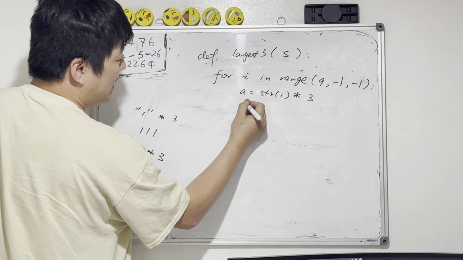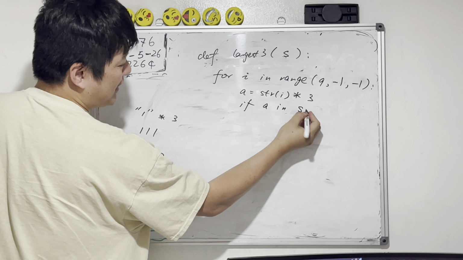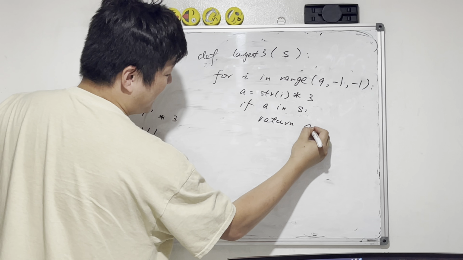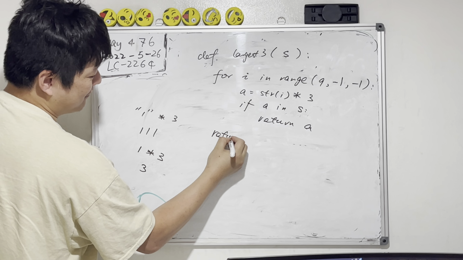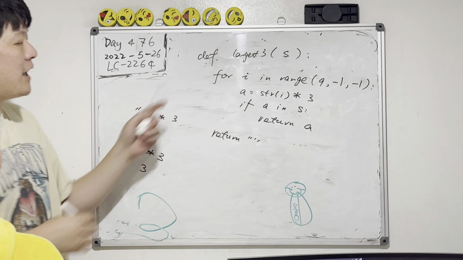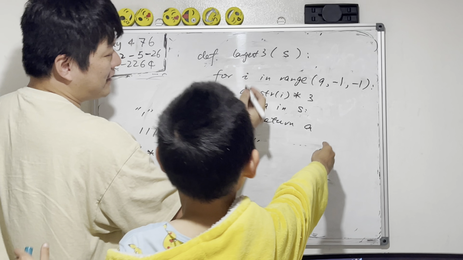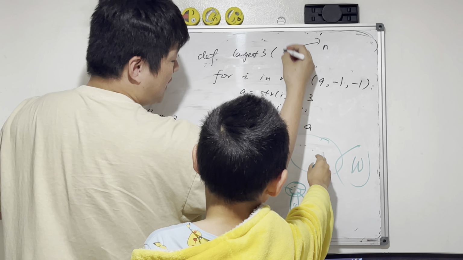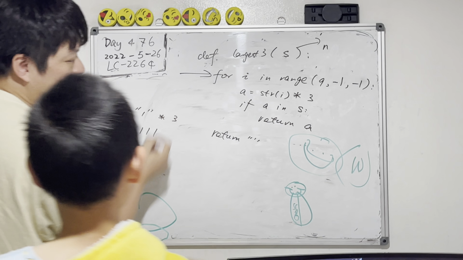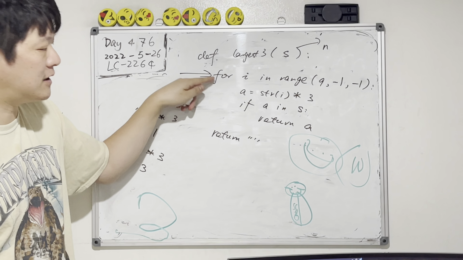Now we just say if A is in S, if it's a substring of that, then we return A. Otherwise, if we can't find anything, we return empty. What's the time complexity? Here n is the number of characters in the string. The loop iterates 10 times, so this is a constant loop.